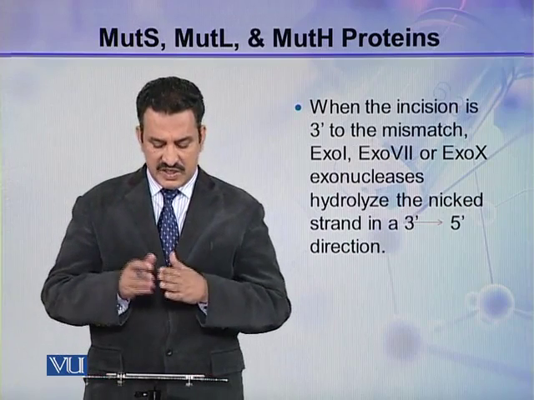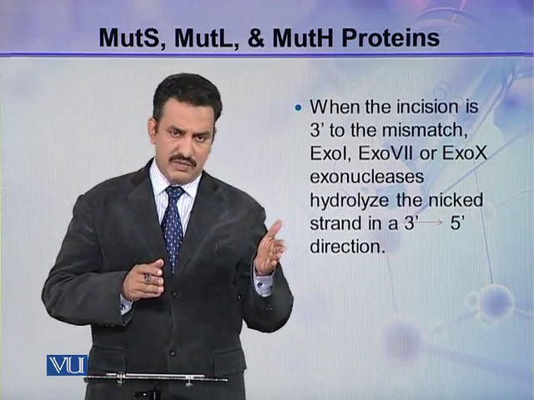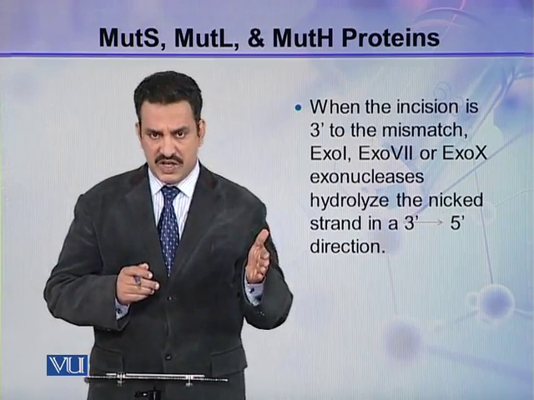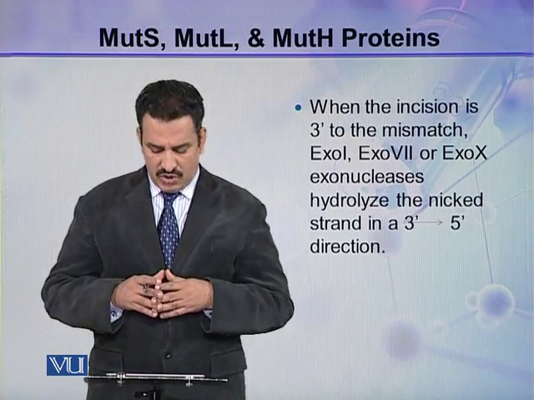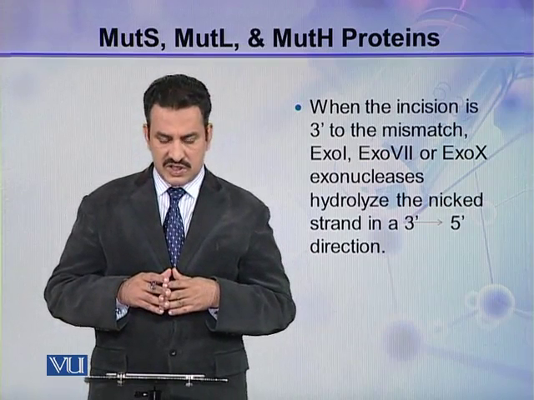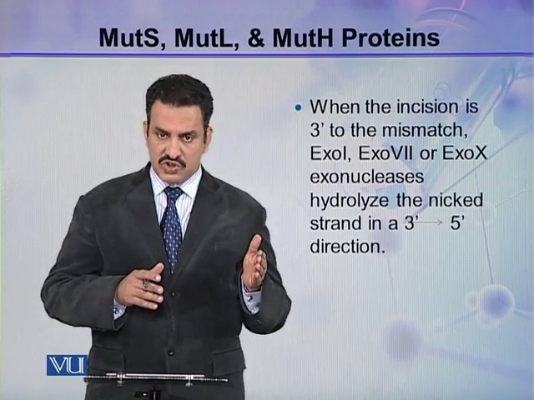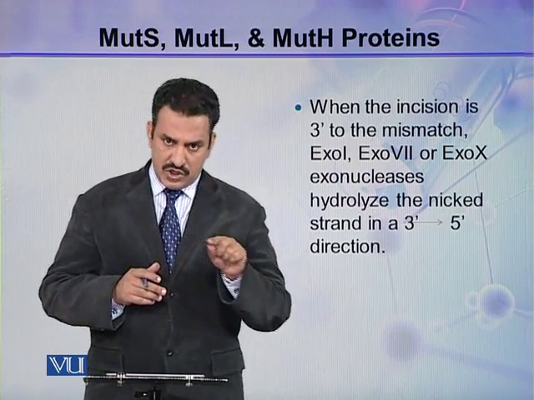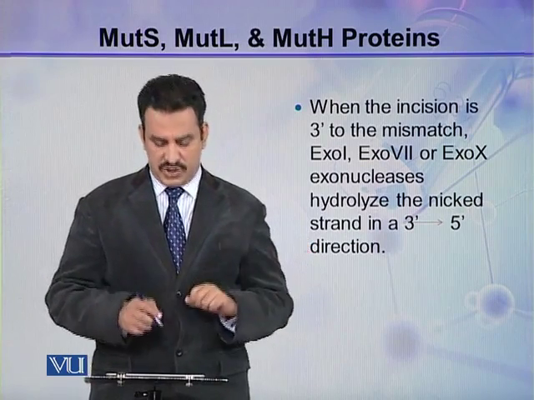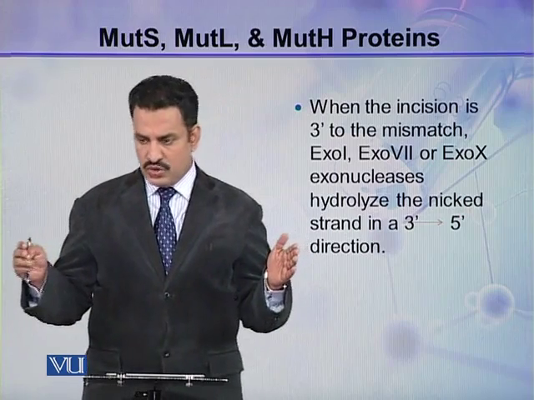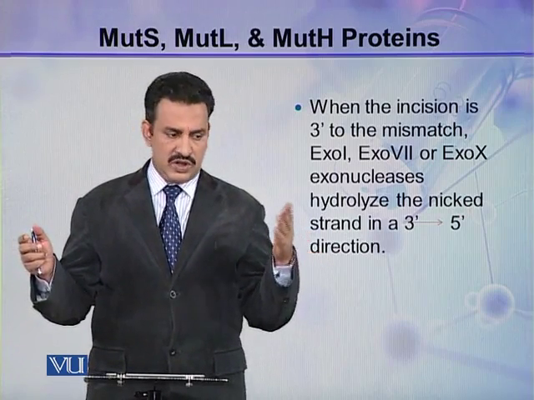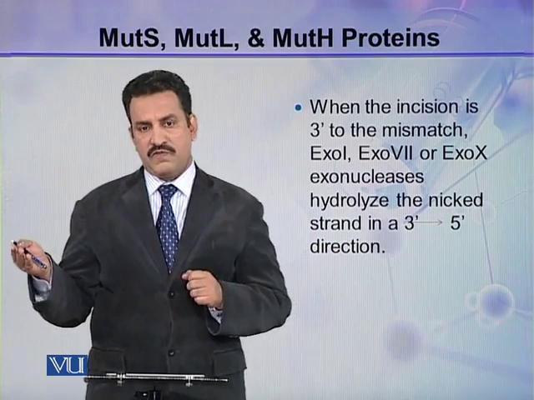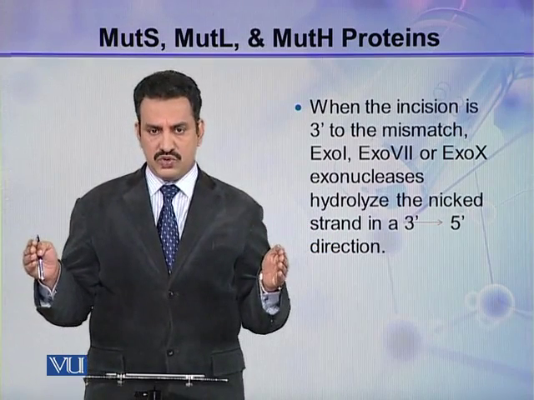However, when the incision is 3 prime to the mismatch, that is on this side, Exo I, Exo VII or Exo X exonucleases hydrolyze the nicked strand in a 3 to 5 prime direction. So two nicks either on 3 prime side or 5 prime side may be introduced.